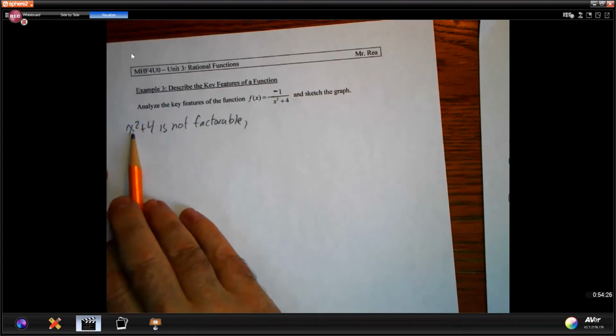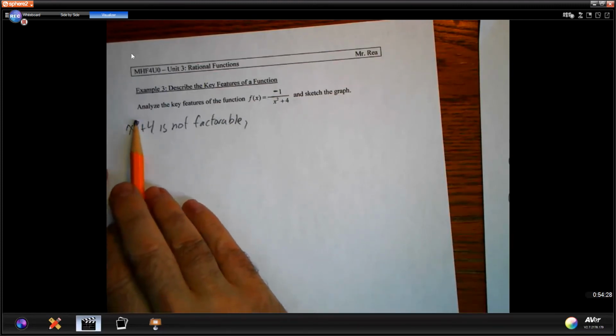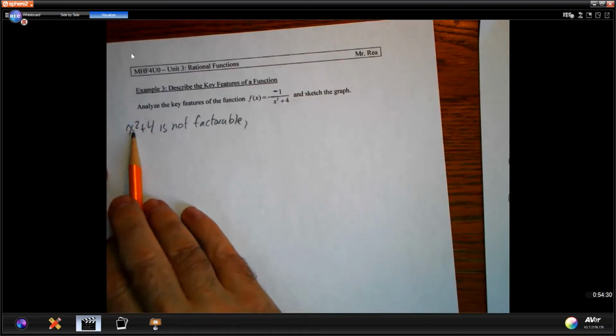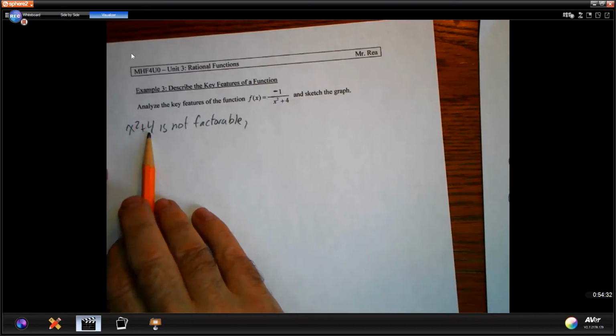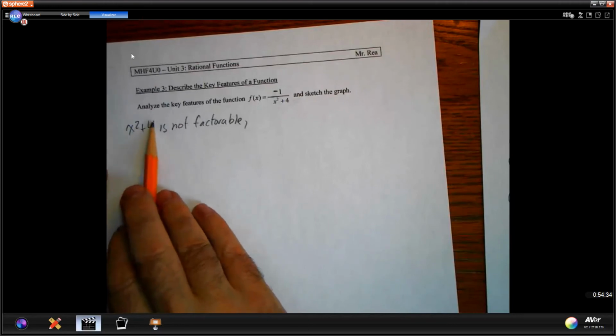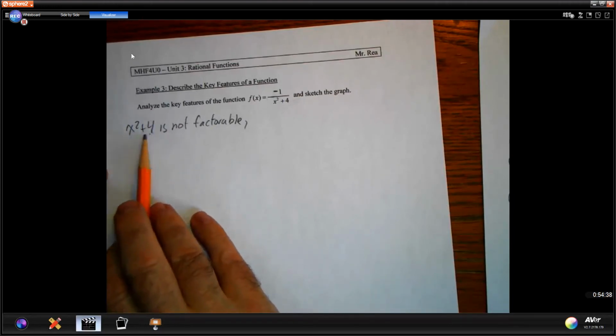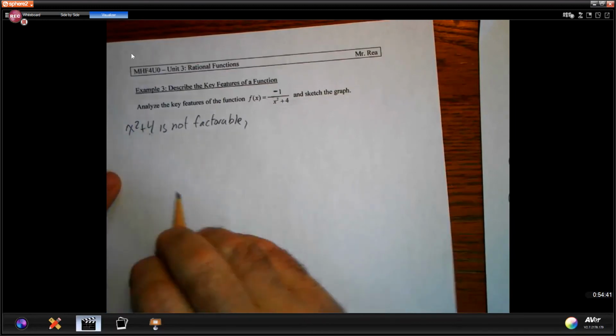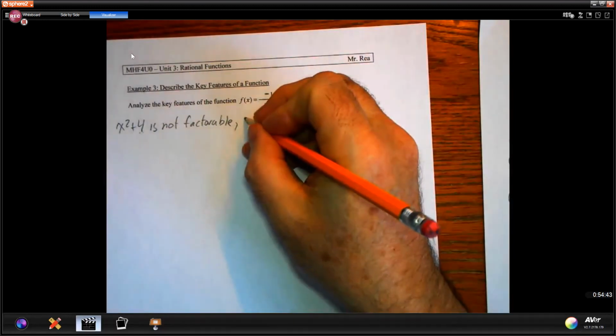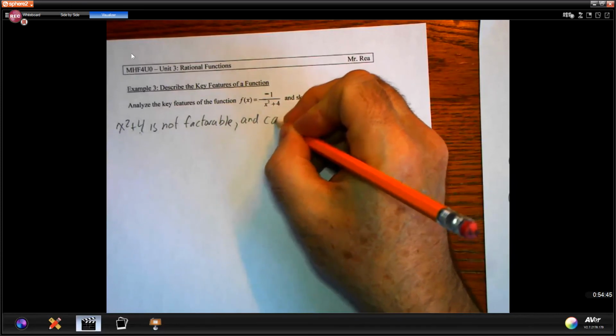Because of that square, this value will always be 0 or greater, and when you add it to the 4, the lowest this can ever be is 4. So not only is it not factorable, it can never equal 0.